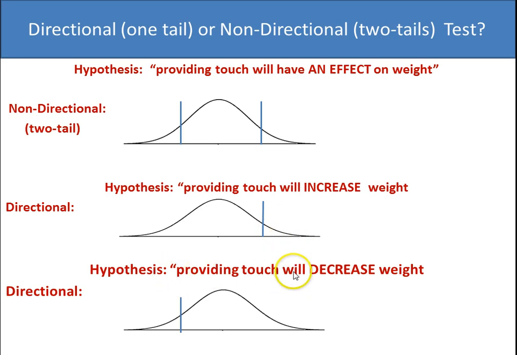But if the hypothesis predicted a decrease in weight, a moving away from the mean in this direction, then we would be looking for effects only in the left-hand side of the distribution, out here in this tail.